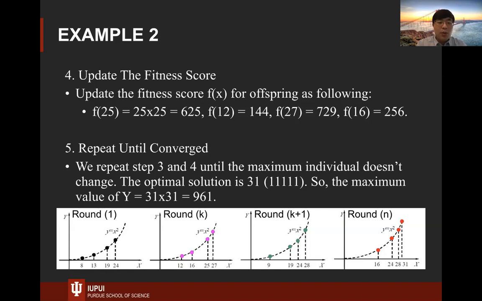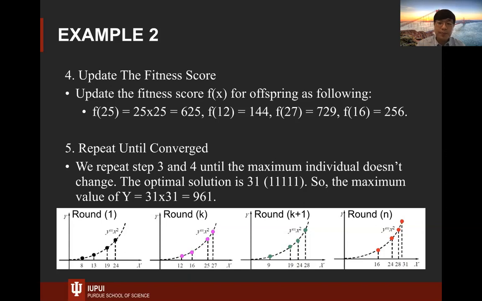Inside this while loop, we repeat steps 3 and 4 until the maximum individual doesn't change. Here we define the stop criteria as the maximum individual not changing. But for other problems, you can definitely define different stop criteria.